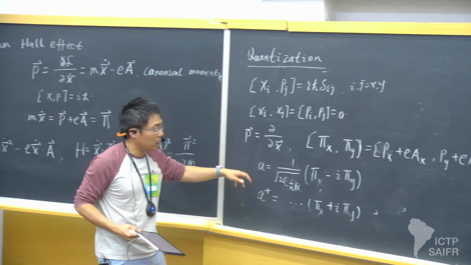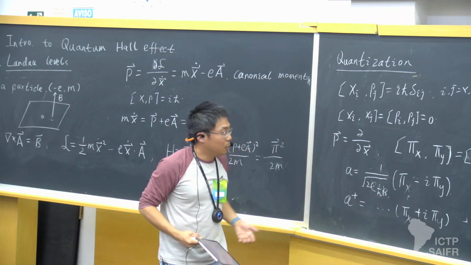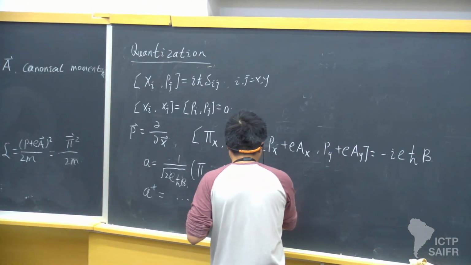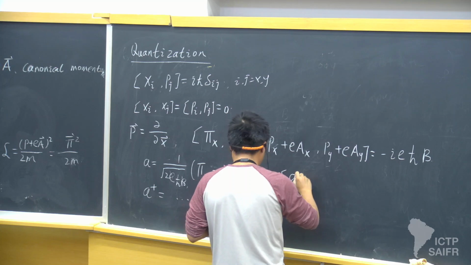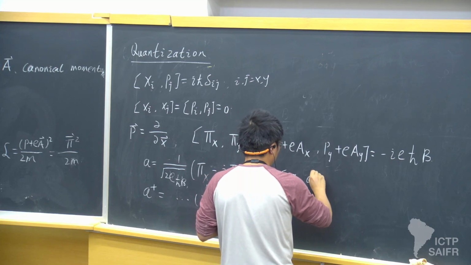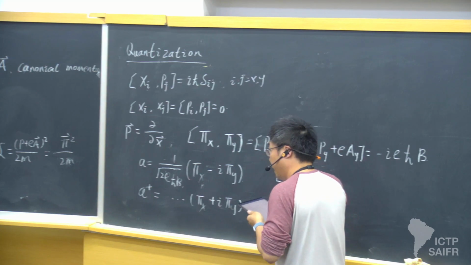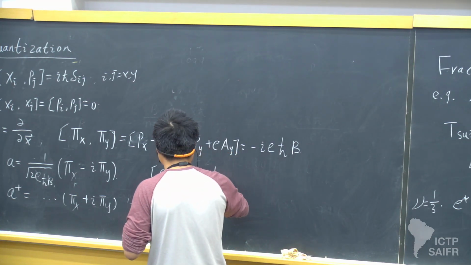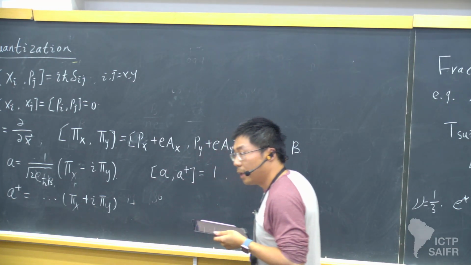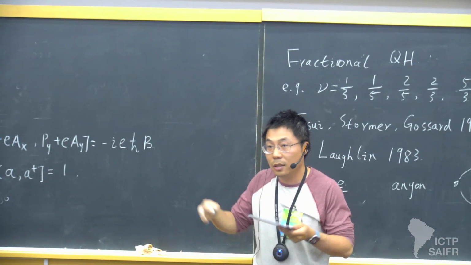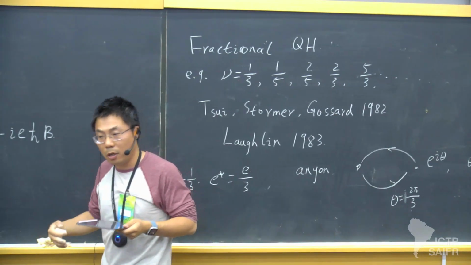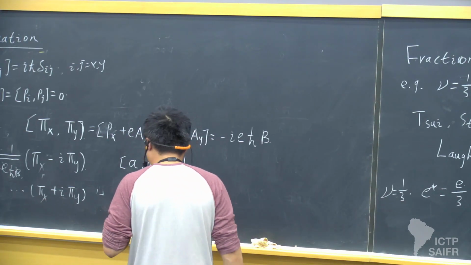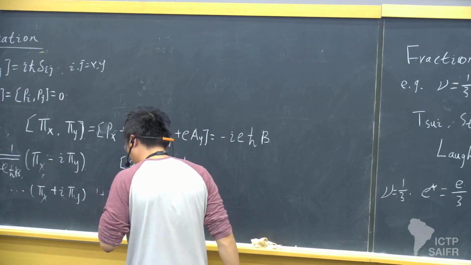The reason I want to define those operators is that, on the one hand, you can show that the commutation relation between a and a dagger just becomes 1. That's the commutation relation of creation and annihilation operators that we also use to study the harmonic oscillator.